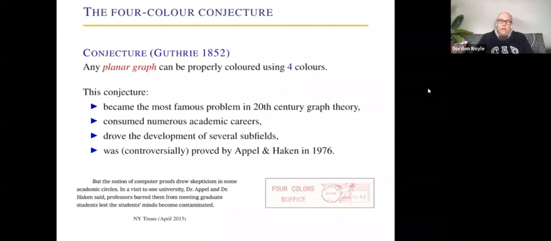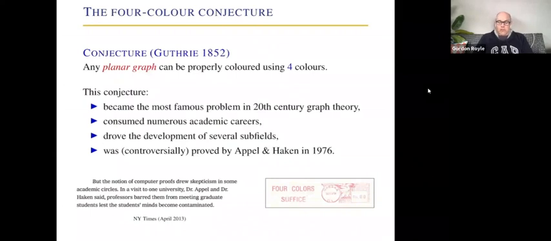During the 20th century, this conjecture became the most famous problem in graph theory and consumed numerous academic careers. There are many good, even great academics, who spent their whole careers pursuing the proof of the 4-color conjecture, and accomplishing great work, even if they didn't actually solve the 4-color theorem.